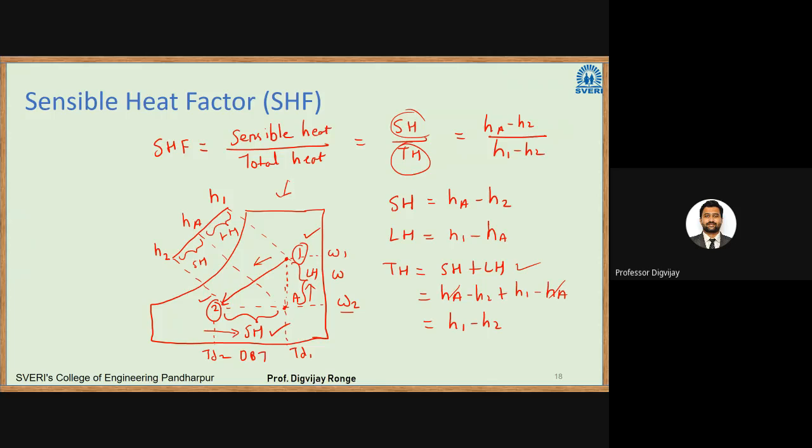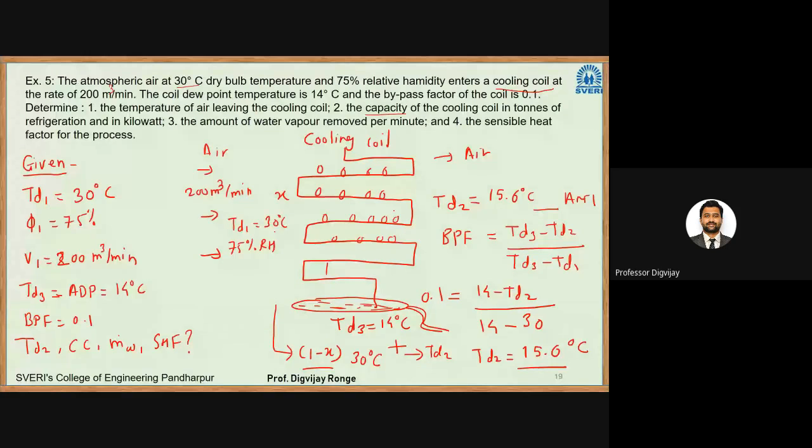Then we solved a numerical related to cooling, and it was not only sensible cooling, it was cooling plus dehumidification. Air with some moisture content comes in contact with the cooling coil. The cooling coil temperature is somewhat equivalent to the dew point temperature. So whenever air contacts the cooling coil, the water content will condense on the coil, and then we can remove the water.